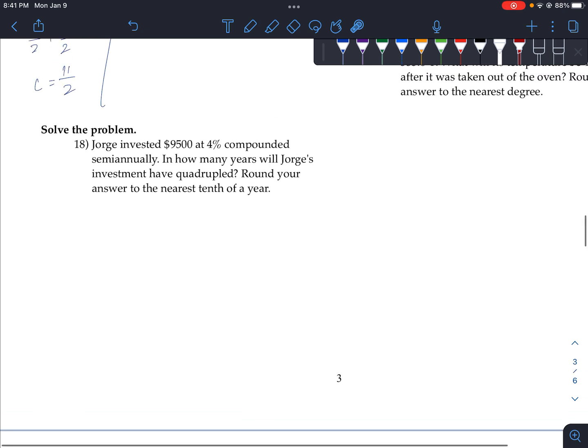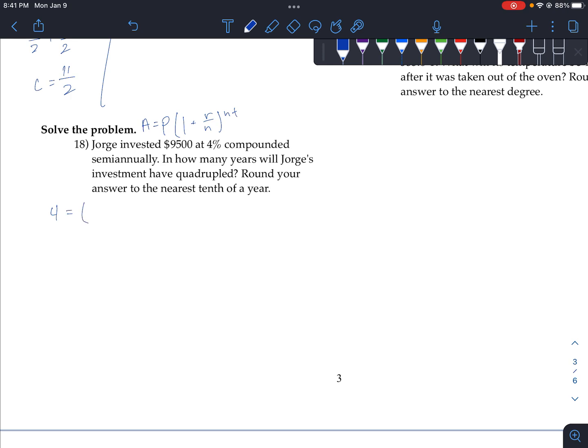So we're looking to use A is equal to P times 1 plus r divided by n, raised to the nt. So we want to use this formula right here. Now we're trying to find t when it's been quadrupled. This is kind of irrelevant. When does the principal amount quadruple?